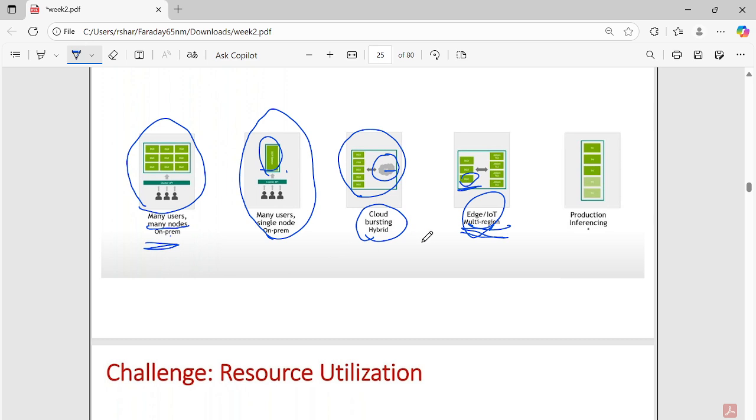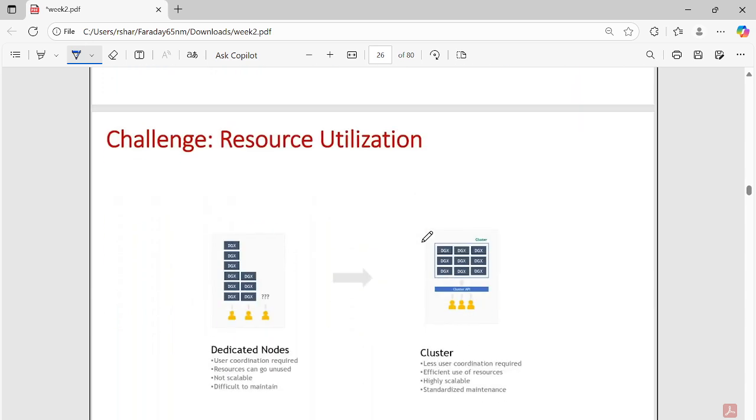Next come the challenges with resource utilization. The fundamental problem to solve here is the resource utilization problem.